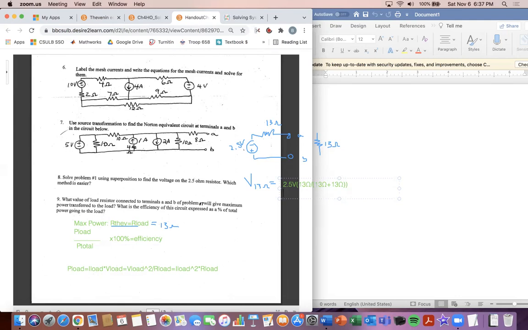When I do that, I'm going to get 1.25 volts across this R load. And that makes sense because half the voltage should occur across here, and half the voltage should occur across here. And so I'm going to have 1.25 volts across this one and 1.25 across this one here.